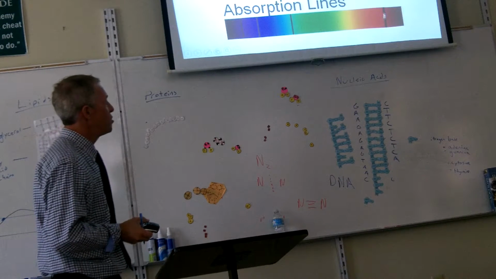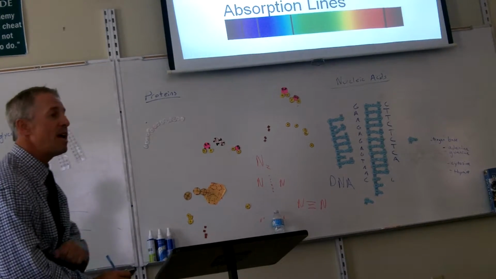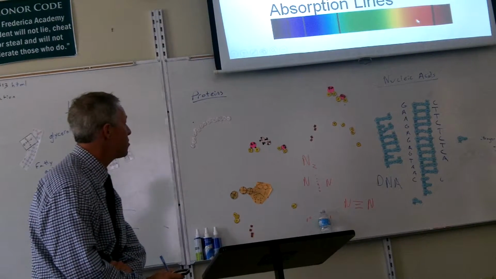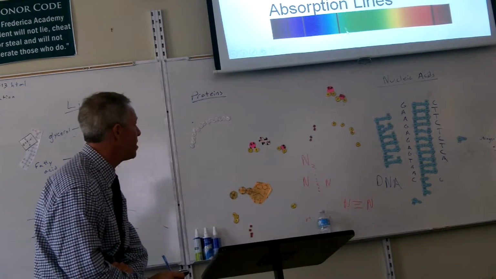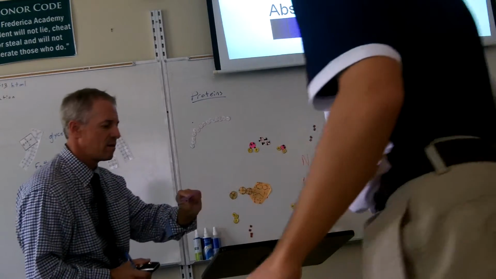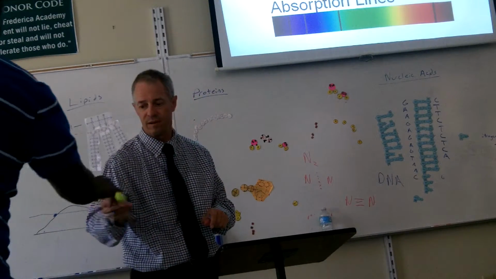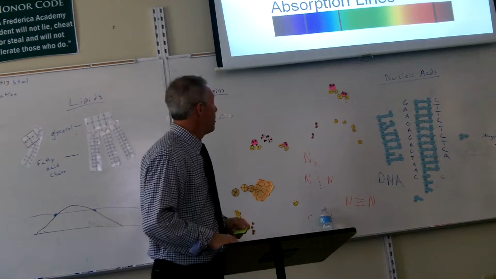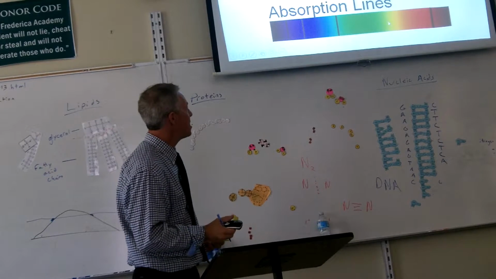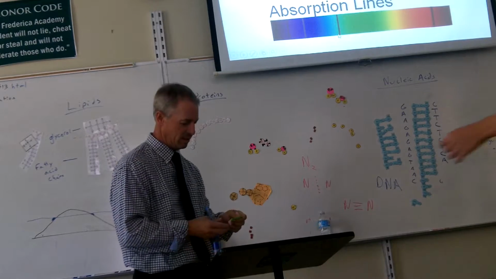Absorption lines like these would be seen when you have a blank between you and a hot object. Okay. Yes, purple, I don't know. Can you repeat the question one more time? Do you have any other guesses? Absorption lines like this would be seen when you have a blank between you and a hot object. That's not it.